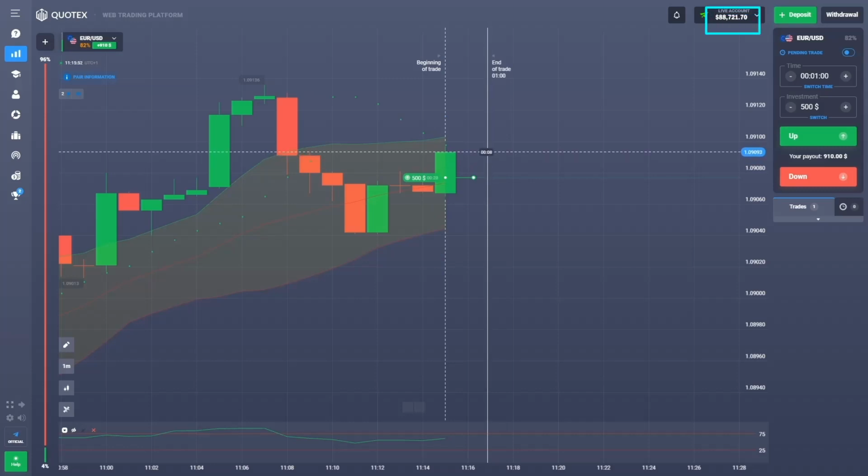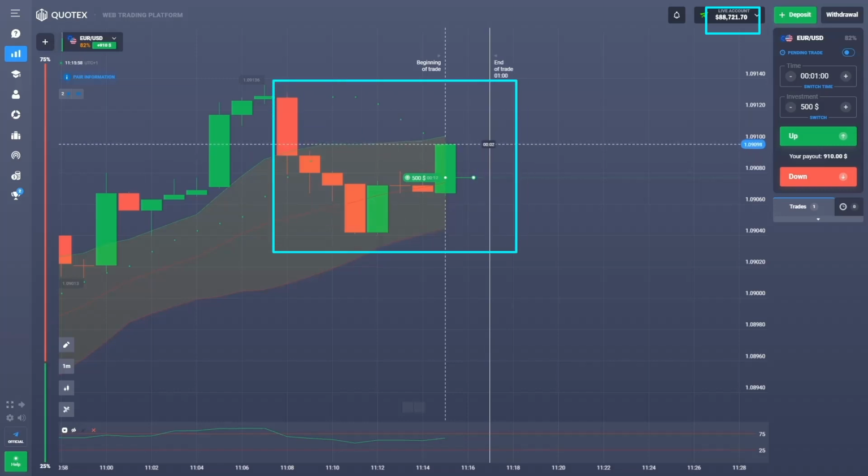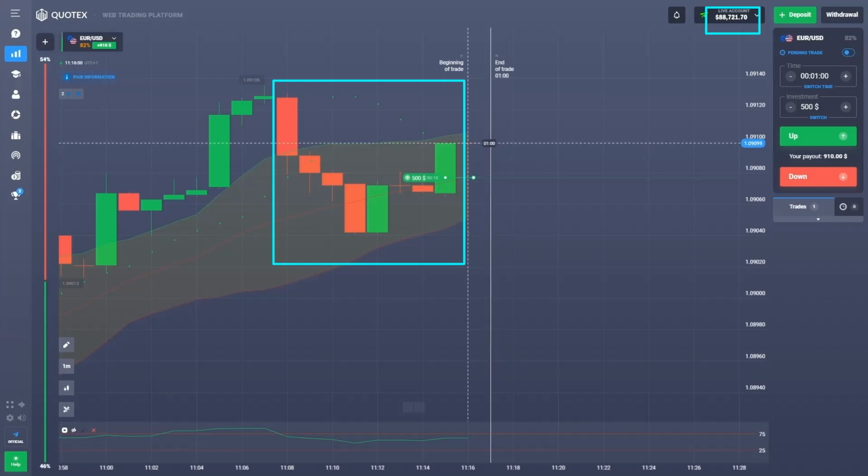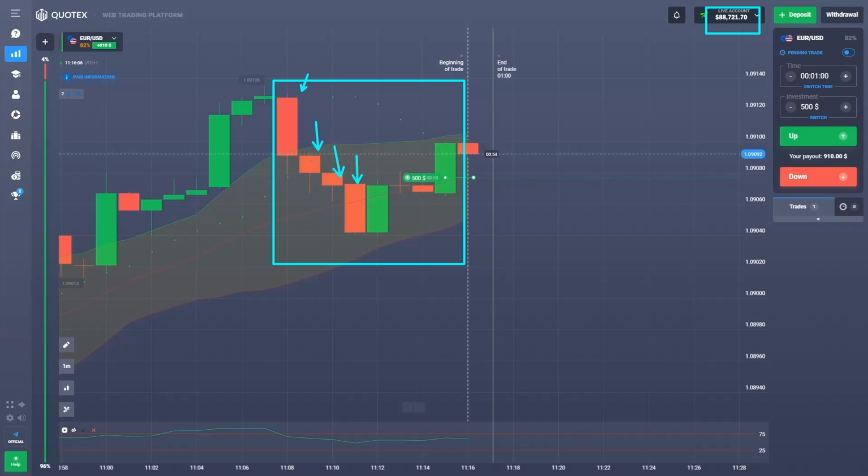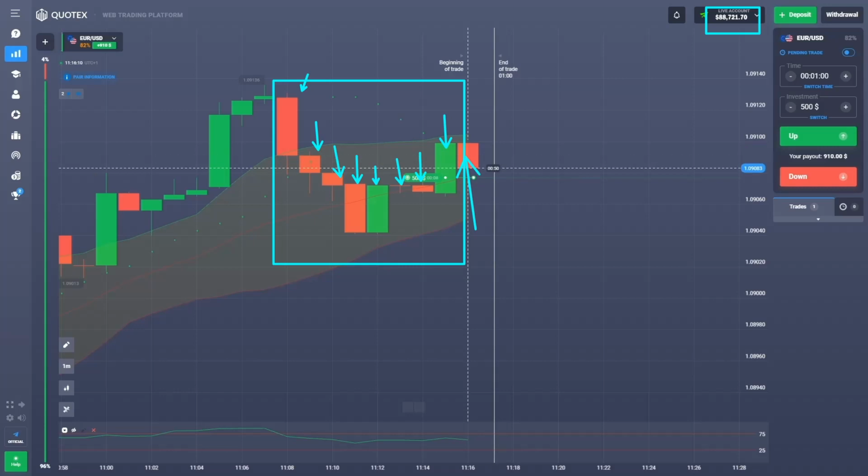I guess 85,000, and I had the chance to make profit from all these candles, and I opened trades here, and this one is the last one, right? So I guess that's it.